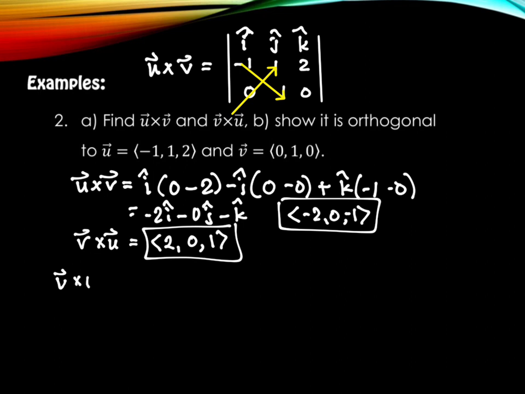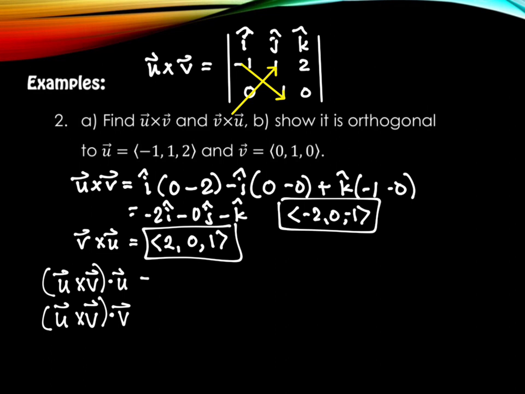I'm going to do u cross v, and we're going to find its dot product with u, and we're going to find u cross v's dot product with v.